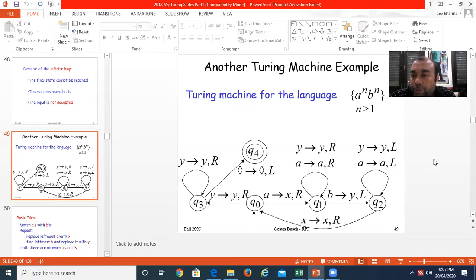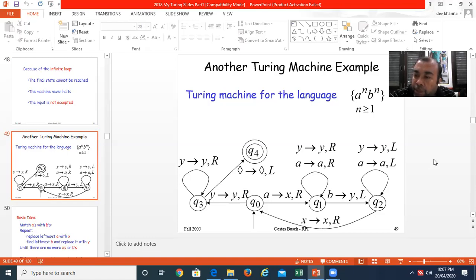Convert this second a into blank and start moving towards the right-hand side. After the second a, third a, fourth a, fifth a, then first b, second b, third b, fourth b, and then a blank symbol. As soon as you meet the blank symbol, take a left turn.